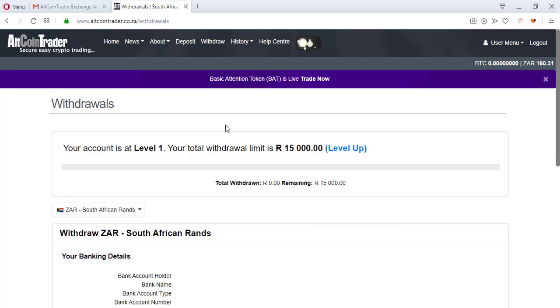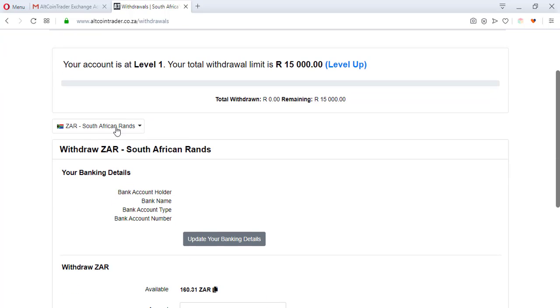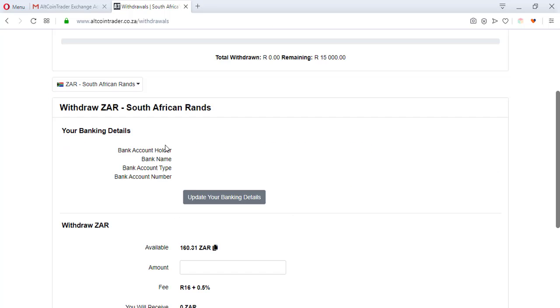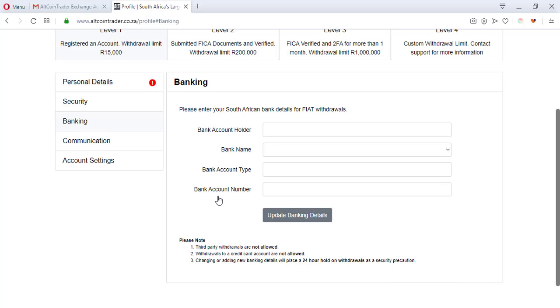Okay, so right here I want to withdraw rands, and right now I need to update my banking details. But also keep in mind that if you change your banking details, your account becomes on hold for about 24 hours. You have to wait for 24 hours for your transaction to get processed, right? Because of security reasons, right?